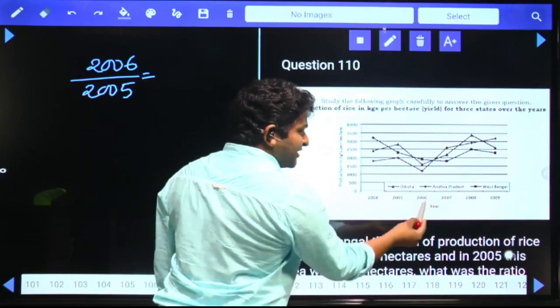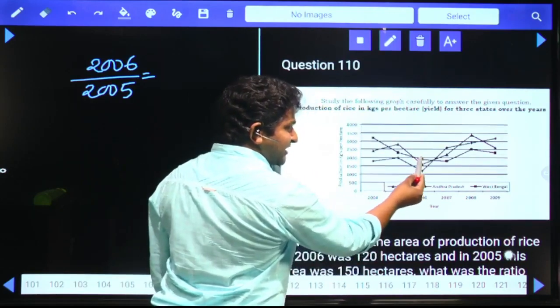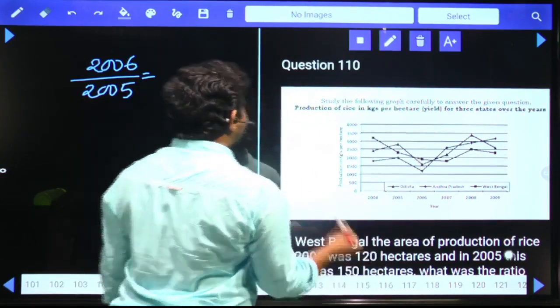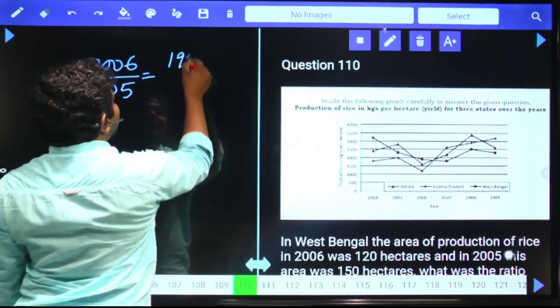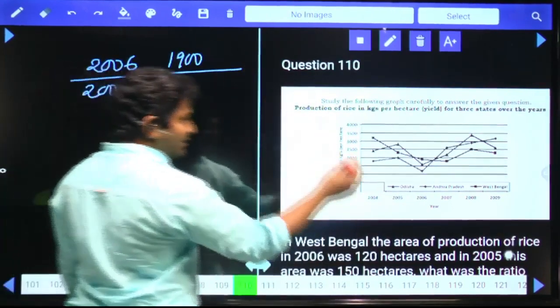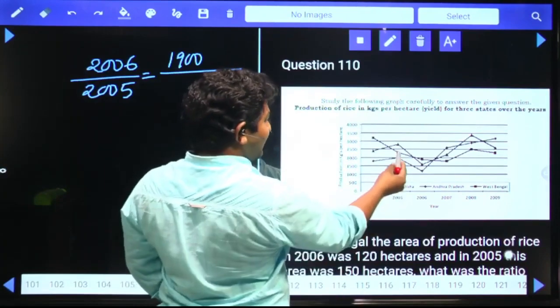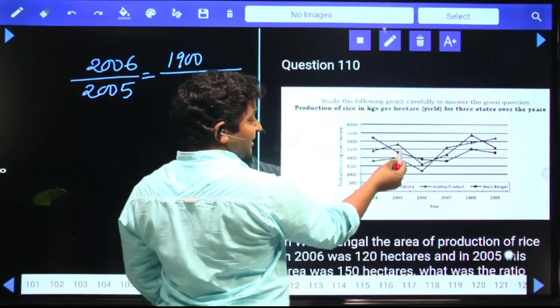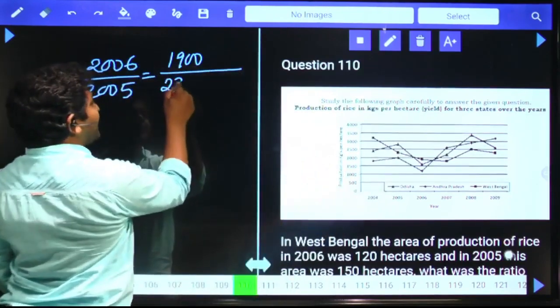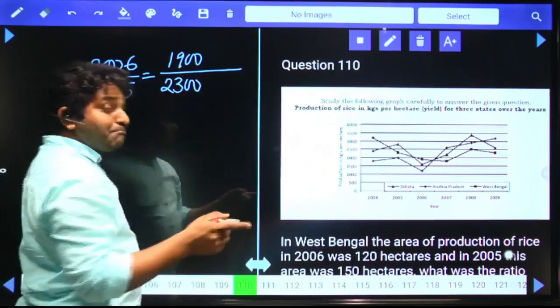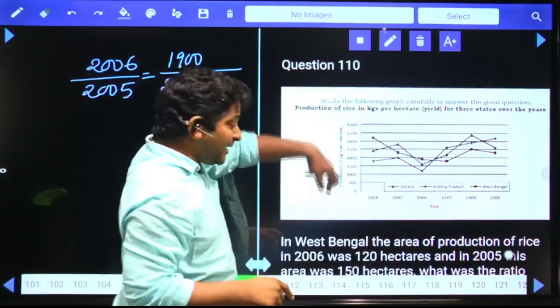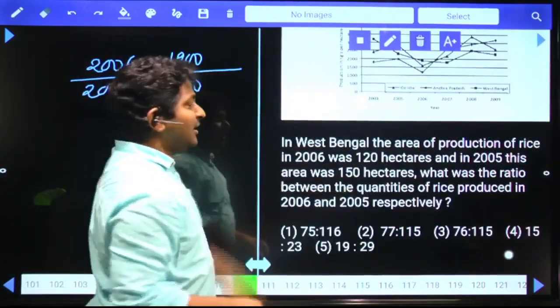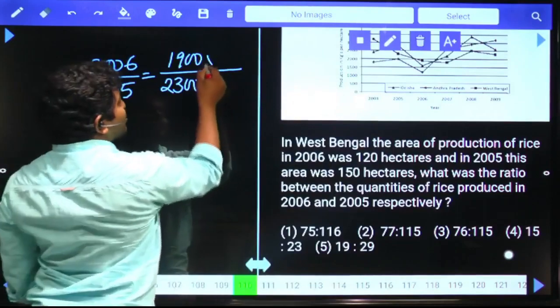West Bengal in 2006 is just 1 line below 2000, hence that is equal to production 1900. And the same West Bengal in the year 2005 is 2000, and above it there are 3 more lines, that is equal to 2300.